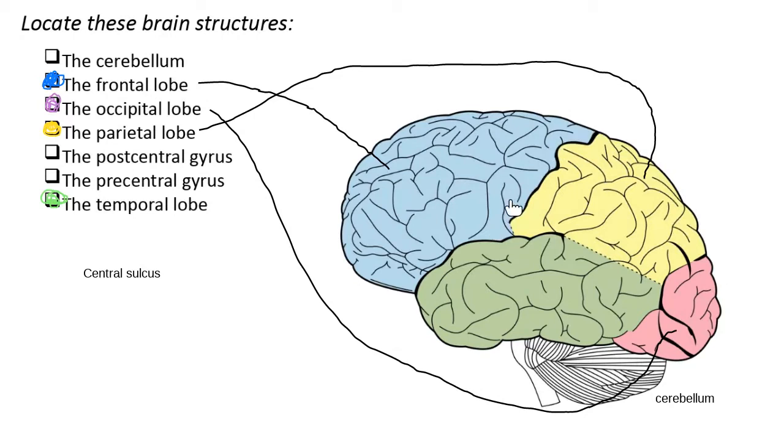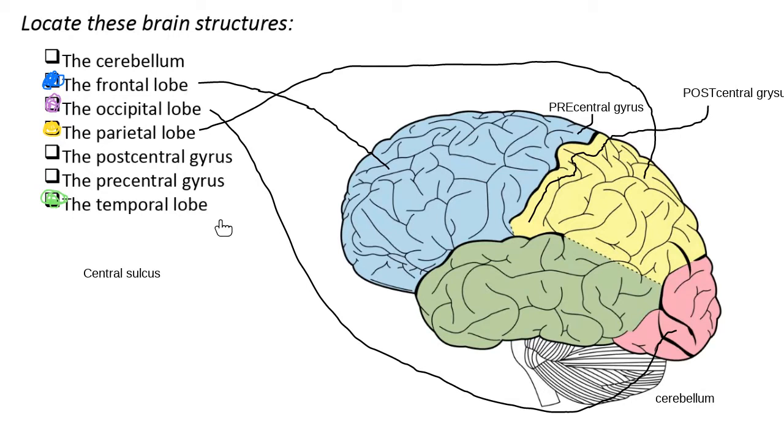So the one that's in front is the pre-central gyrus, because it's in front of the central sulcus, which means that the one back behind it, I just drew a line on for us, that's the post-central gyrus. Oh, spelled that wrong. Post-central gyrus, back behind it. So we've labeled the anatomy or the locations of these major structures in the brain.